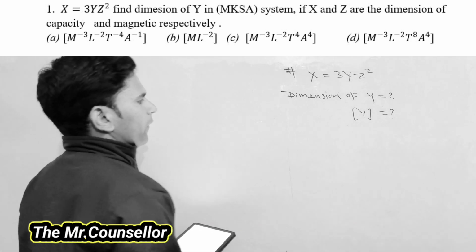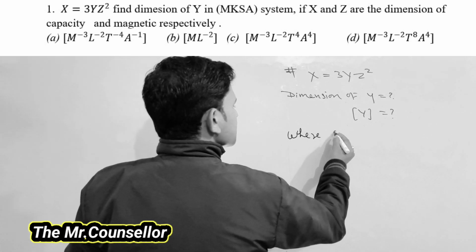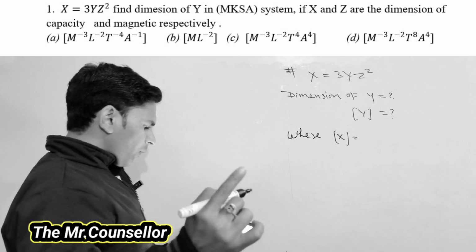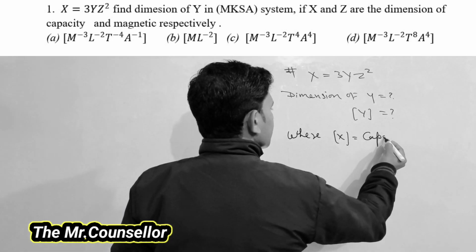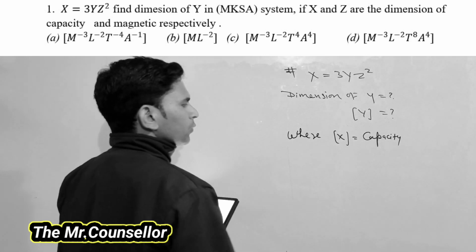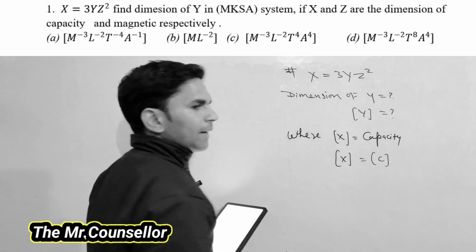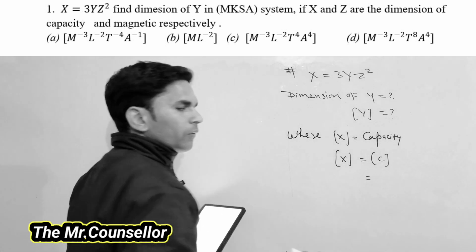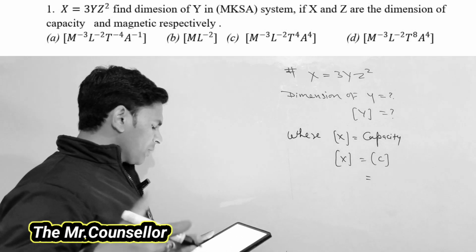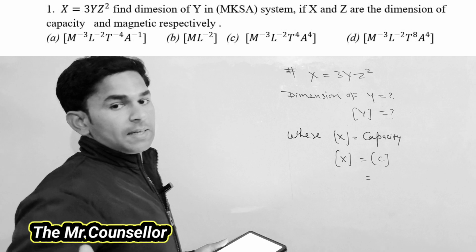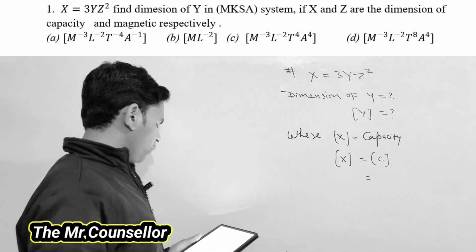And what they are telling, where dimension of x is showing capacity. Very good. So you know very well the dimension of x is showing the dimension of capacity, it means C. You know very well the dimension formula of C. If suppose you don't know it, you can see the dimensional formula chart and find it from there, no problem.